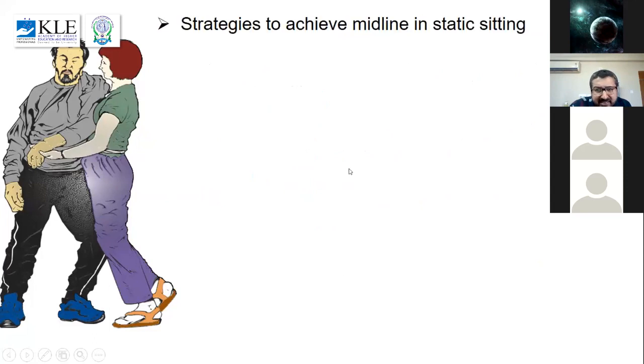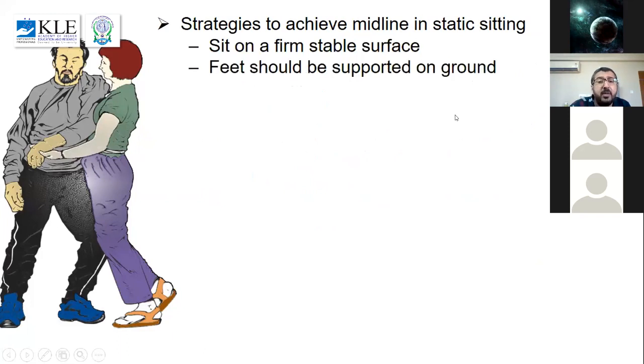Now, with regard to the strategies commonly followed in various centers as well as in the literature, there are many things. One, you have to ensure that these exercises are done sitting on a firm ground. Second, when a patient is made to sit as well as stand, ensure that the feet are well supported on the ground.